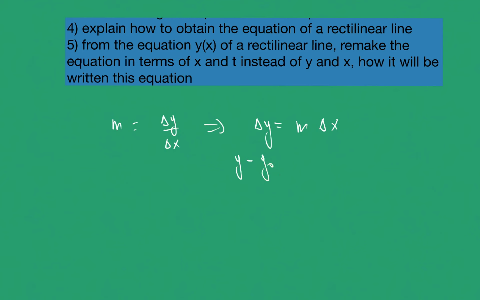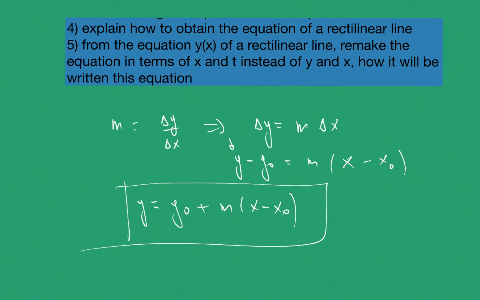I named the point y1 as y0, and the point y2, the final point, generic point y, equal m by x final minus x initial. So I found the equation of a rectilinear line: y equals y0 plus m by x minus x0. This is the equation of a rectilinear line.